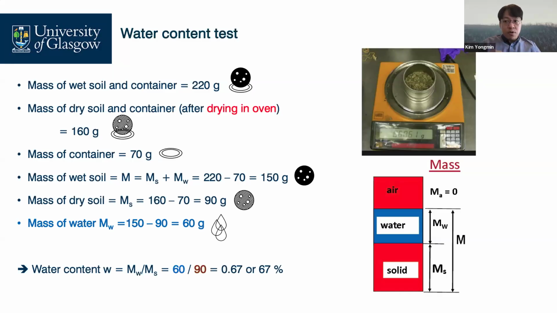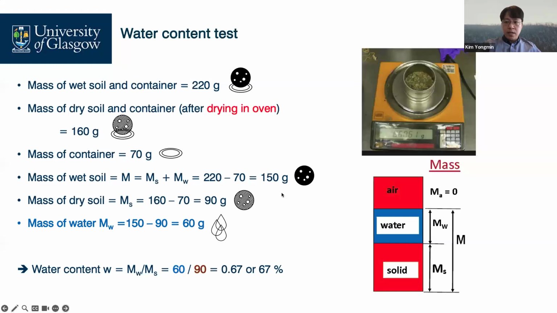So right after your Atterberg limit test, you can take the soil sample, weigh it, and then put it in the oven. Immediately, we reduce the air. This is quite common sense.